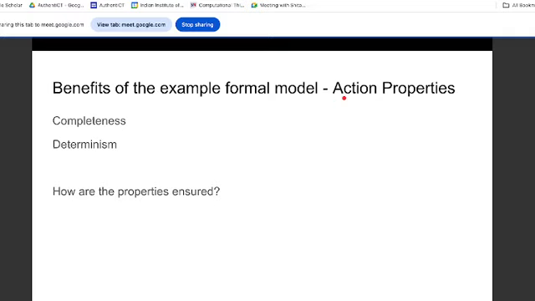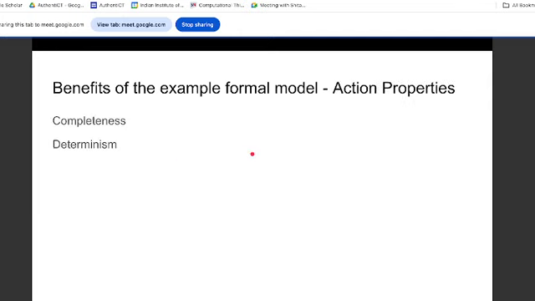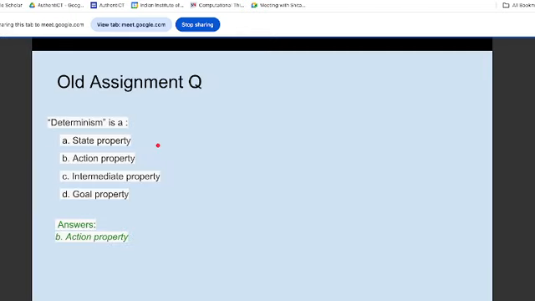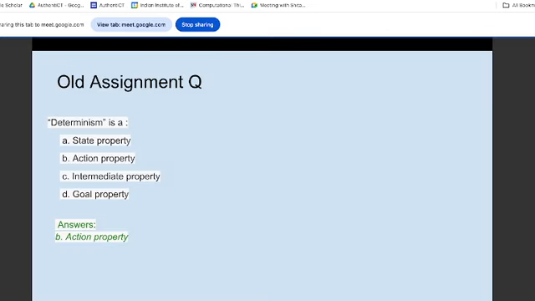The state properties were reachability, reversibility, and identifying dangerous or unsafe states. And completeness and determinism are action properties. Okay, so the answer is B, action property.